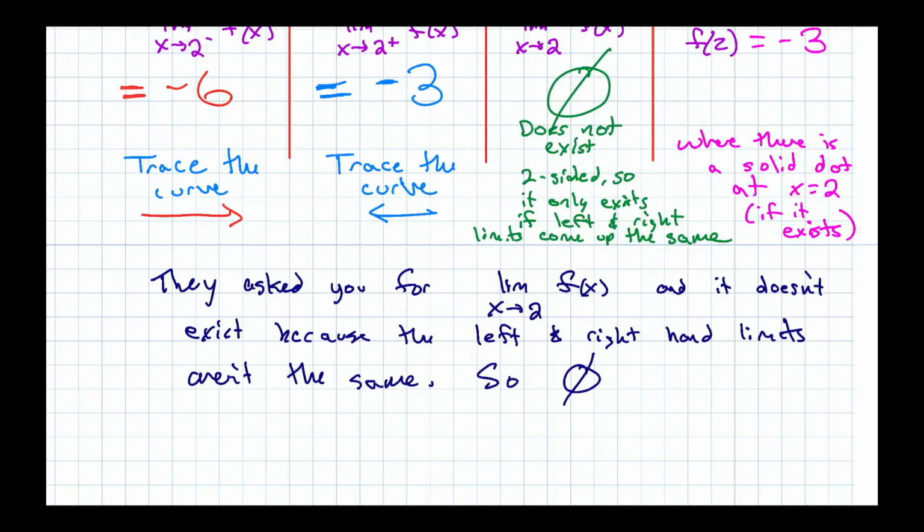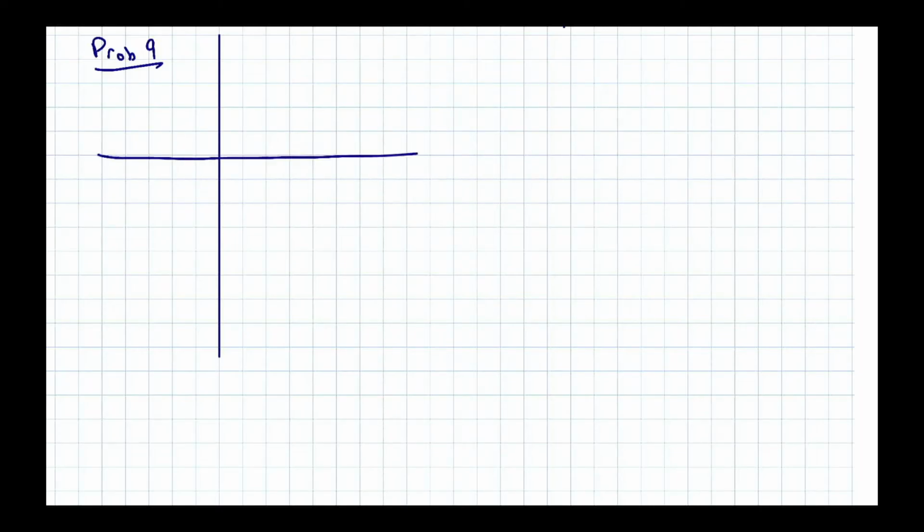Okay, so let's look at problem 9 now. So problem 9 is here. Okay, so I will draw this here. So we have a problem 9. All right, so we got -1, 2, 3, 4, 5. There's an empty circle here.